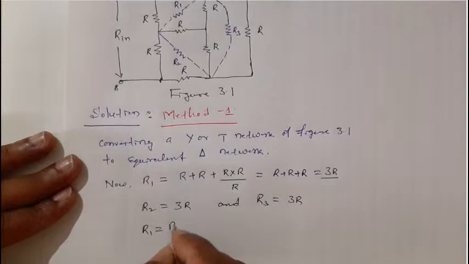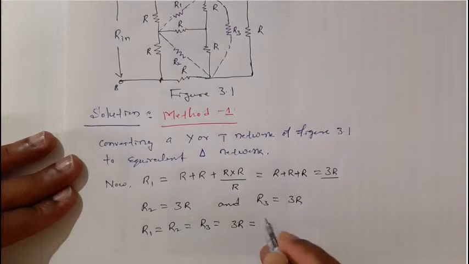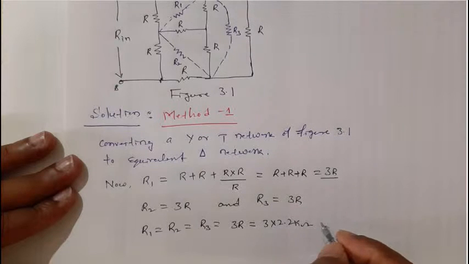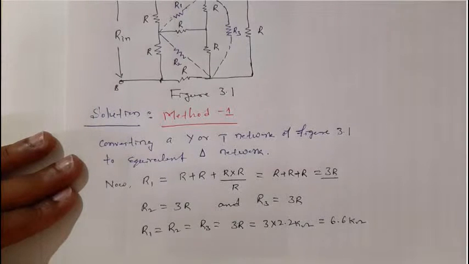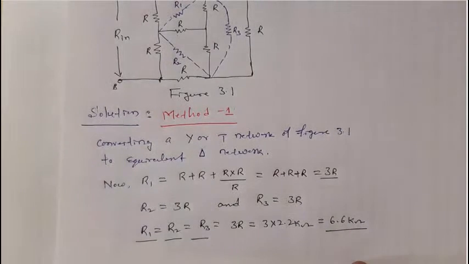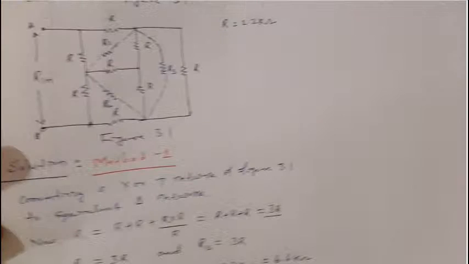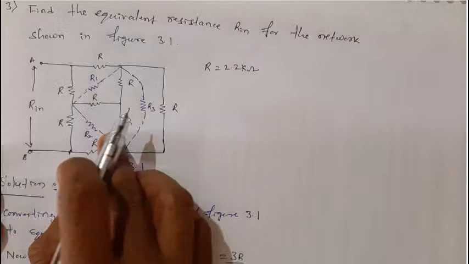R1 is equal to R2 is equal to R3 is equal to 3R is equal to 3 into R, R is 2.2 kilo ohm, which is equal to 6.6 kilo ohm, right? So this is the value of R1, R2 and even R3, right? Now what I do, I will redraw this network, eliminating this T network, right?